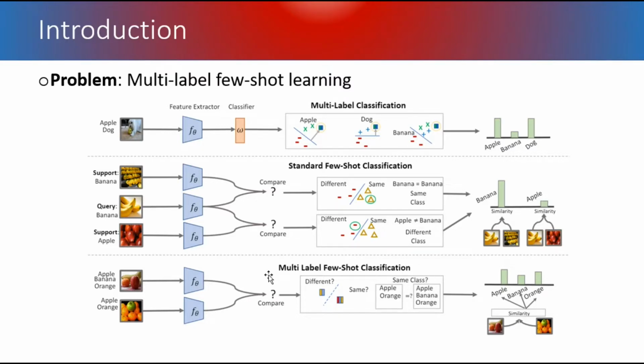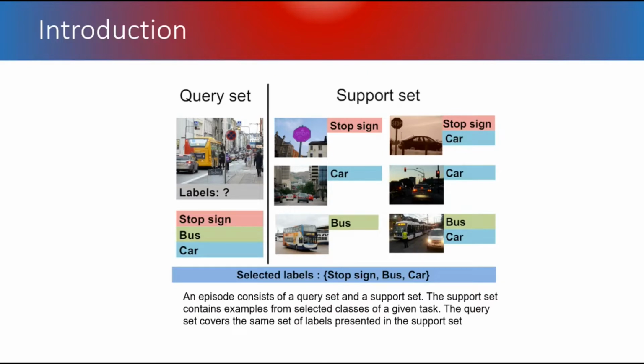But in multi-label feature classification, you are given a support set and also a query set, for instance, with multiple objects under one image, and you want to compare them. For instance here, it has high similarity between query and support set for apple and also orange. In the query set, we want to predict the labels based on the support set.